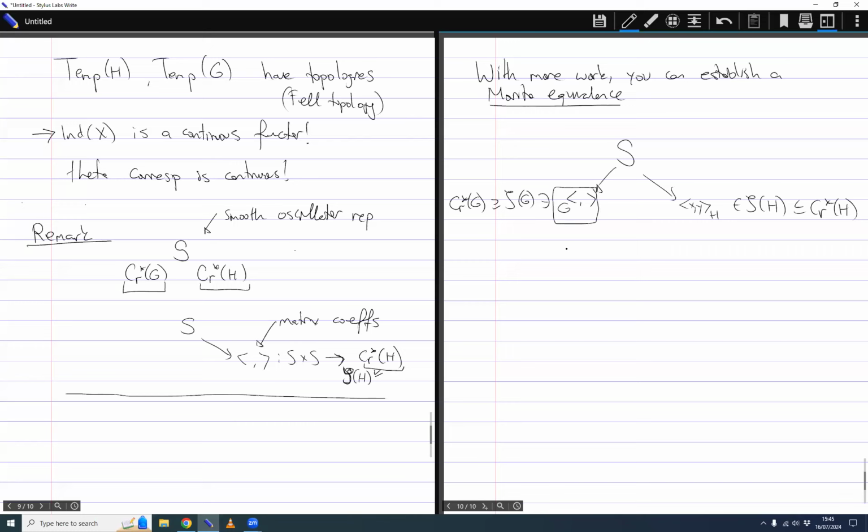So you take the span of these matrix coefficients. That's an ideal. Let me call it I. It's a two-sided ideal in your group C-star algebra, and in particular also a sub-C-star algebra. And also you take the span of these matrix coefficients from the H side, and they span an ideal J, which again is in particular a sub-C-star algebra on the other side.